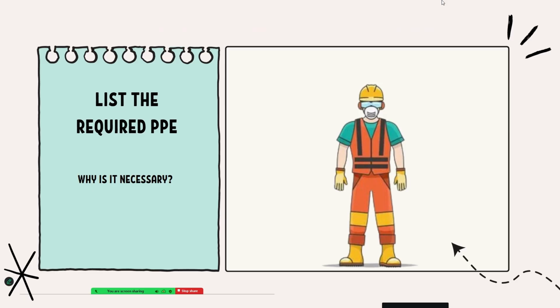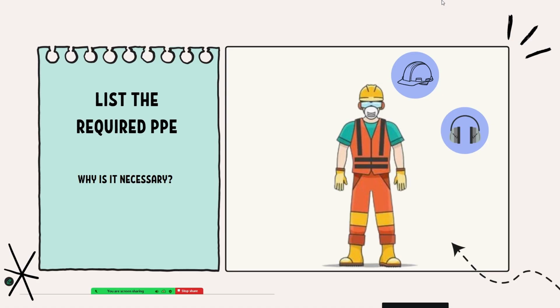I have a graphic on the board about listing the required PPE and why it might be necessary. Why might one need to wear a helmet, earmuffs, glasses, a face mask, high-vis clothing, gloves, steel-toed boots? The helmet is to protect the head. We want to be careful for anything that might be a falling hazard that could cause injury.